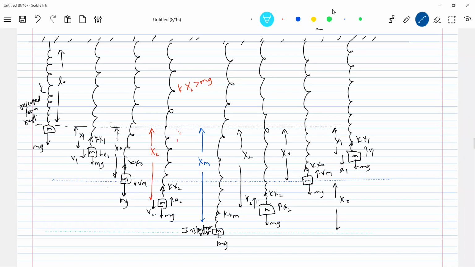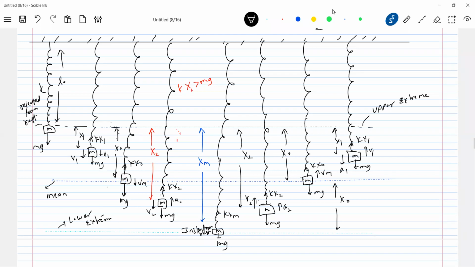This is what all of you have to remember. This I'll call the release from rest, the lower extreme, and this is the mean position. What is the state of the block at the extreme point?